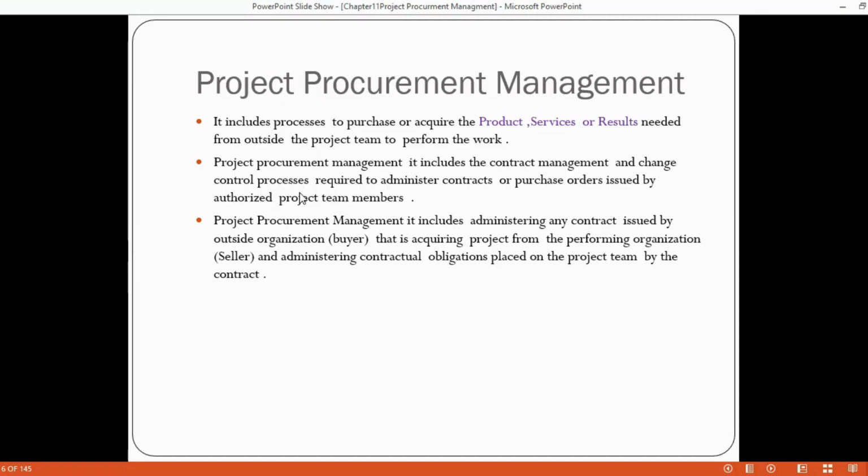Those are the constituents of project procurement management, required to administer the contract. When we come to the part of planning, you need to perform administering of the contract, purchase orders, by authorized project team members. So project procurement management is how to administer the contract. It means how to safeguard your contract that is being issued to the buyer and outside the position of the buyer that is acquiring the project from the preferred organization, which is the seller.